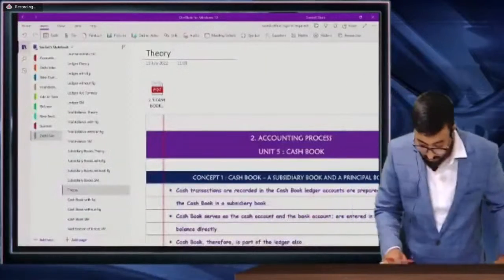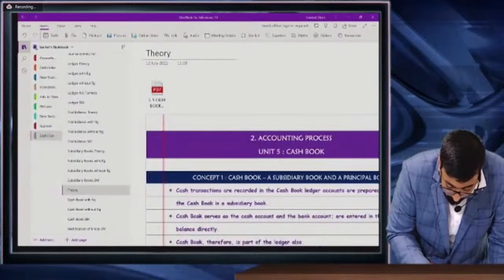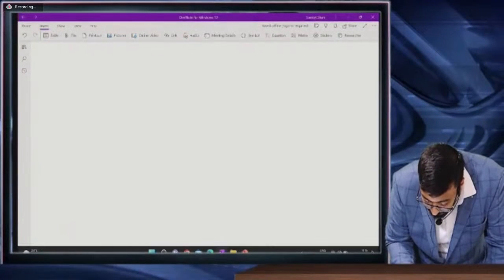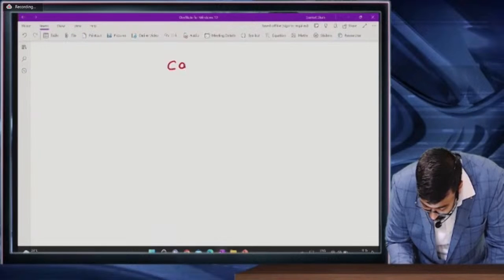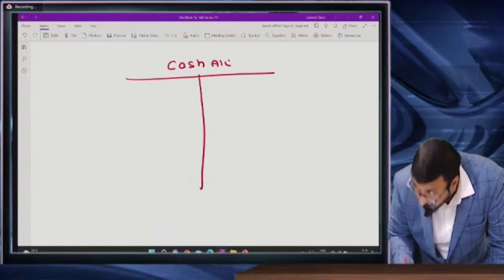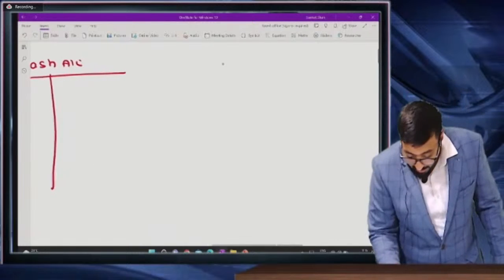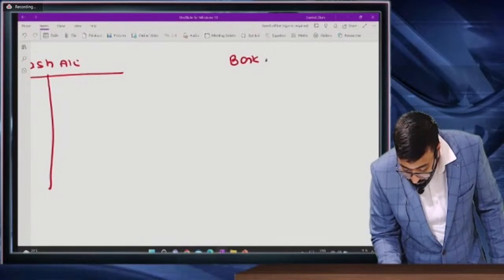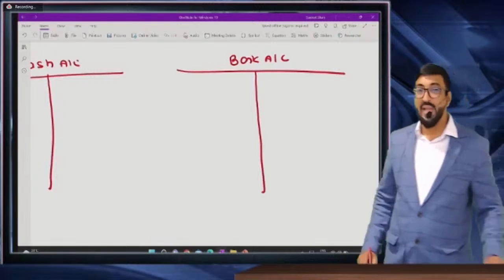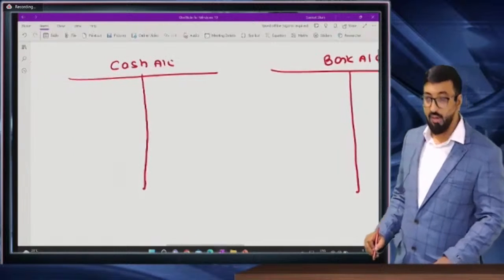Okay, sir. So first thing, can you tell us the logic behind it, beta? Cash account and bank account.